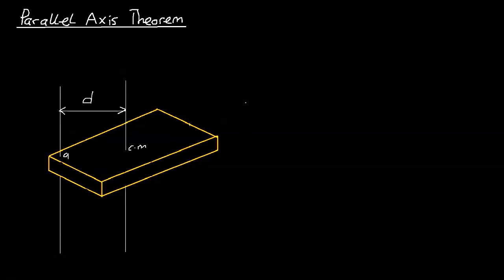The parallel axis theorem states that the moment of inertia of an object around a particular axis is equal to the moment of inertia around a parallel axis going through its center of mass plus the mass of the object multiplied by the square of the distance to that parallel axis.